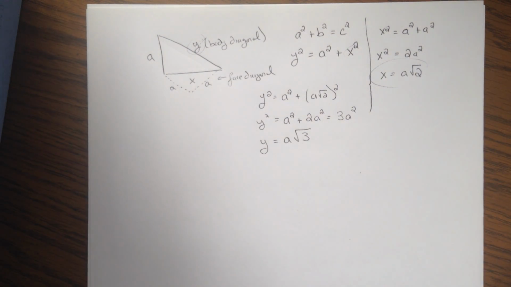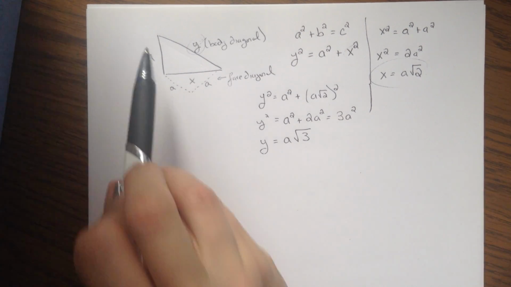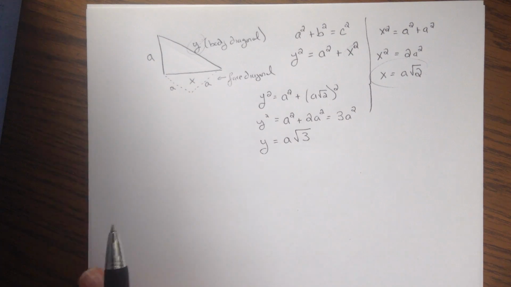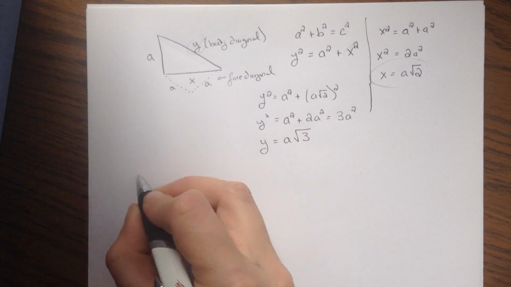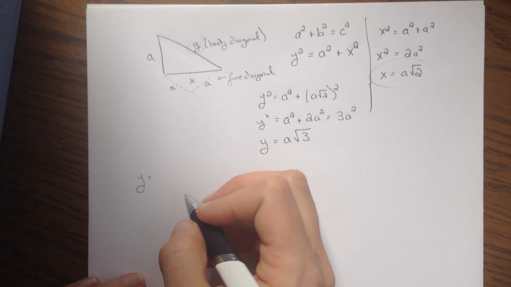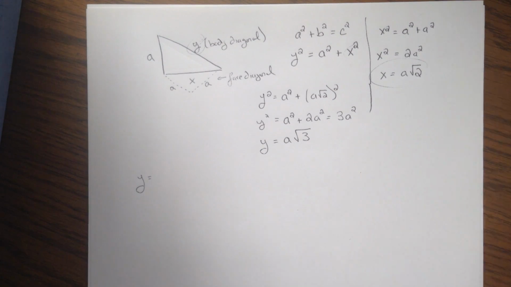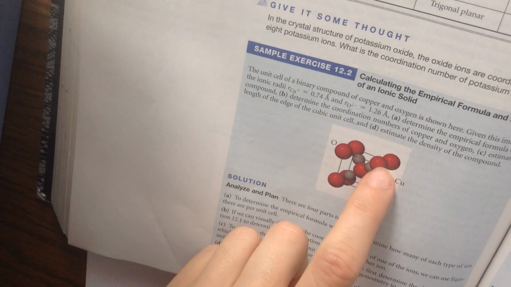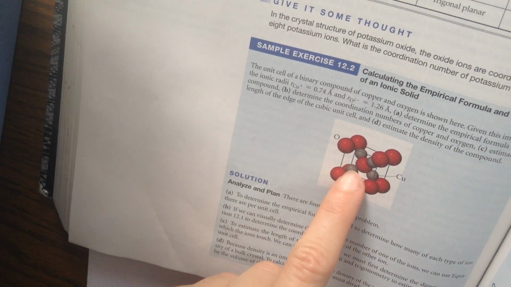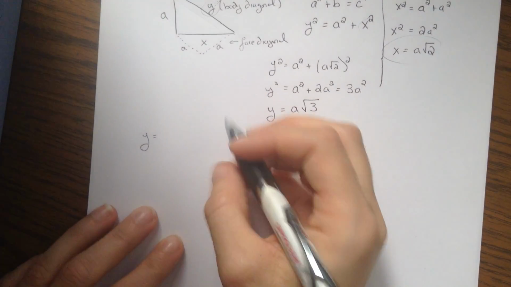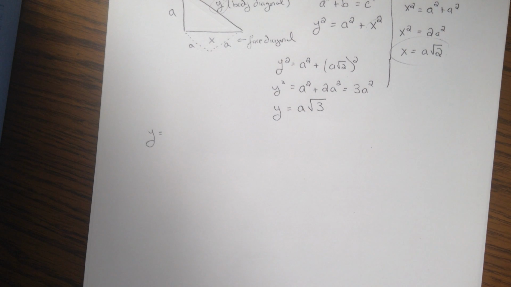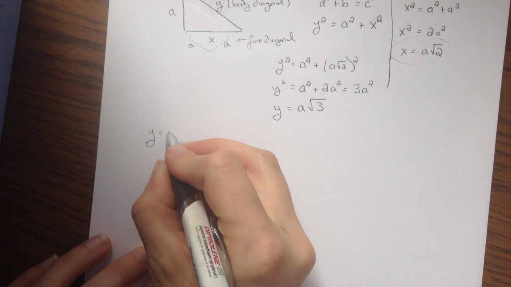Great. I can also write y in terms of r, because as we saw before in that picture, y, this body diagonal, is passing through all of the radii. If you want to follow along in the picture in the book, you can count how many radii it passes through. We're starting at this corner and moving down to that far left-hand corner. We pass through one oxide radius.